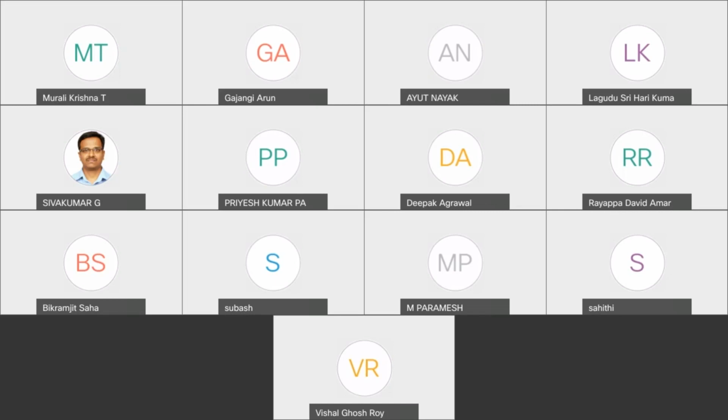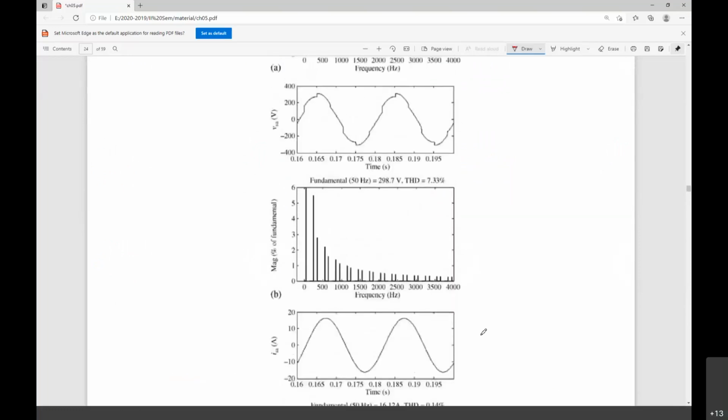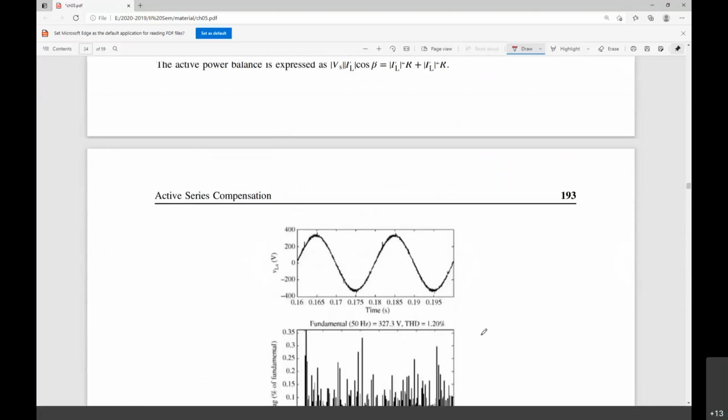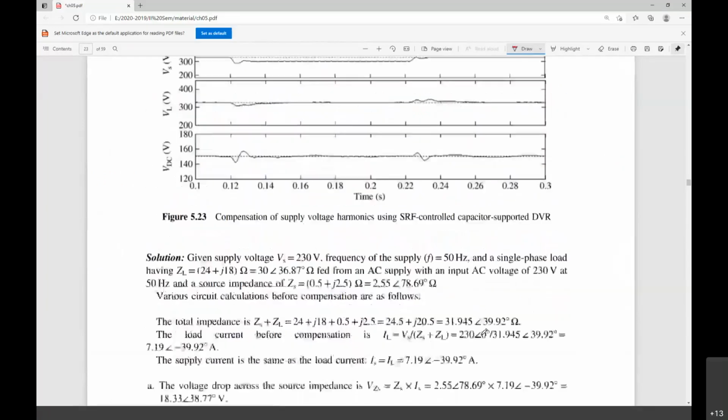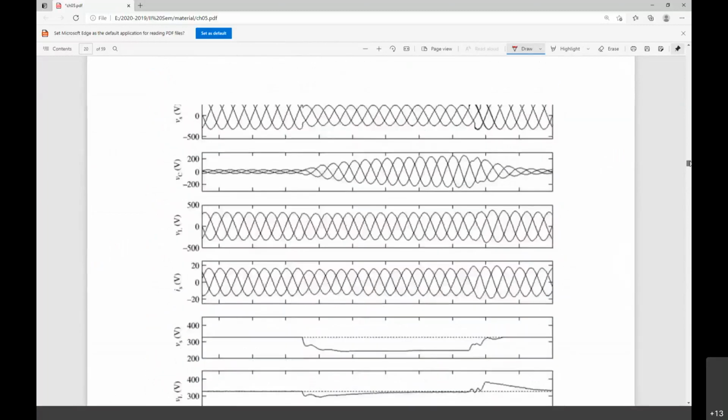I'll try to give about the four-wire system in the next class also, because for a three-phase four-wire system, there are different kinds of topologies.